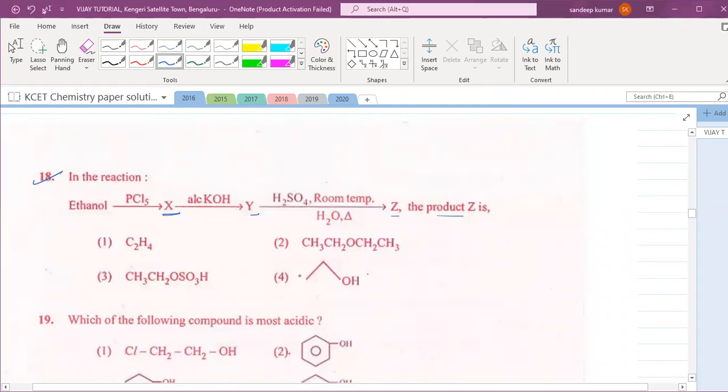You see here, first C2H5OH in the presence of PCl5 converts into C2H5Cl. In the presence of alcoholic KOH, it is converted into ethene. When H2SO4 is passed, hydration takes place again, and at room temperature it forms C2H5OH. So this is ethanol only.